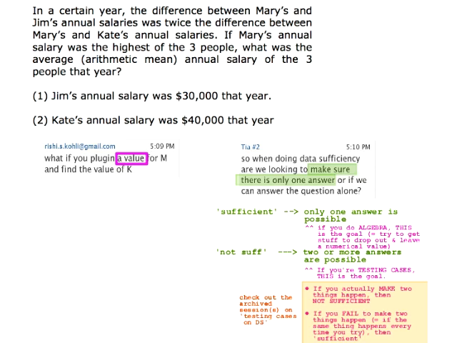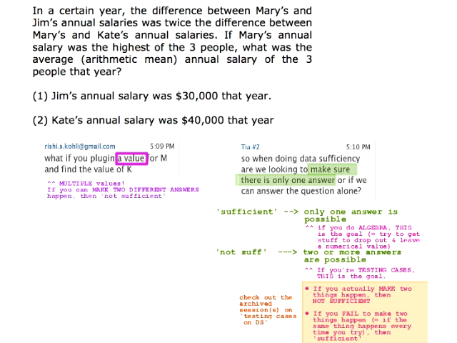So it's not a value; you have to plug in a whole bunch of different values and see what happens. So multiple values, and if you can make 2 different answers happen, then it's not sufficient.